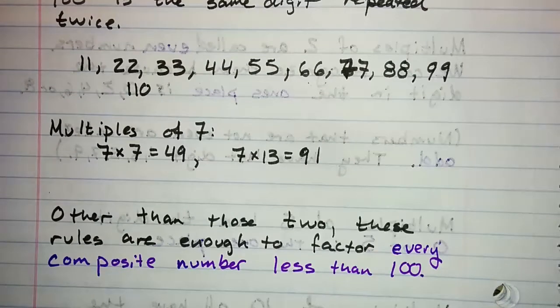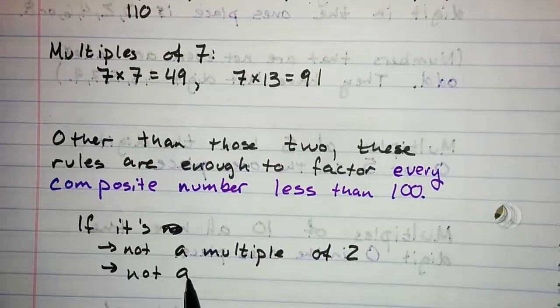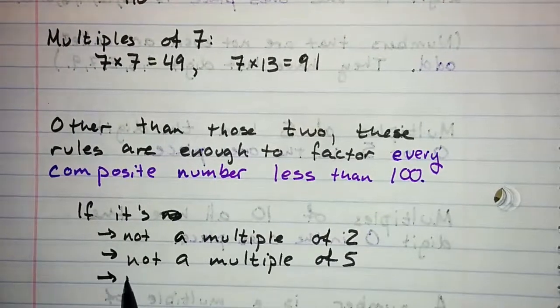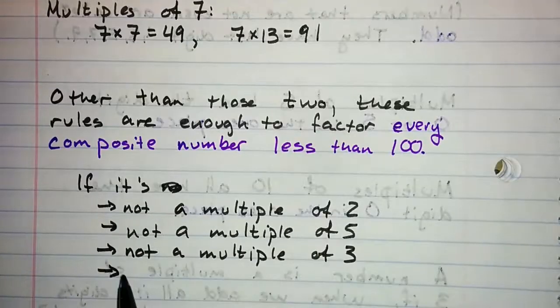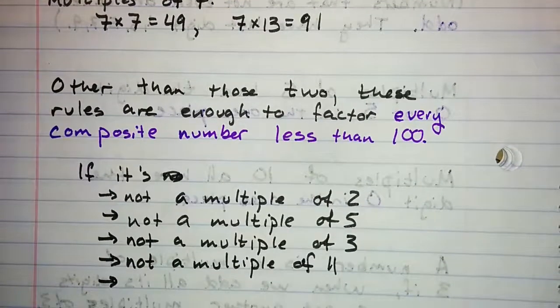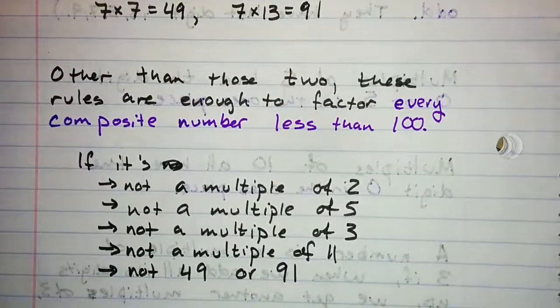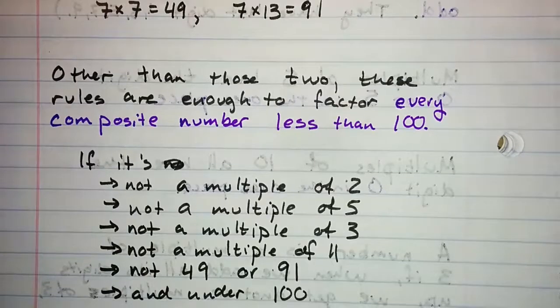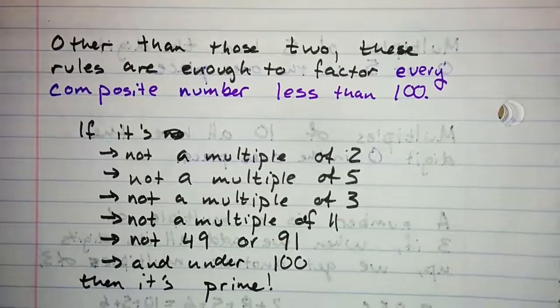Other than those two, these rules are enough to factor every composite number less than 100. So if it's not a multiple of 2, not a multiple of 5, not a multiple of 3, not a multiple of 11, and not 49 or 91, and it's under 100, then it's prime.